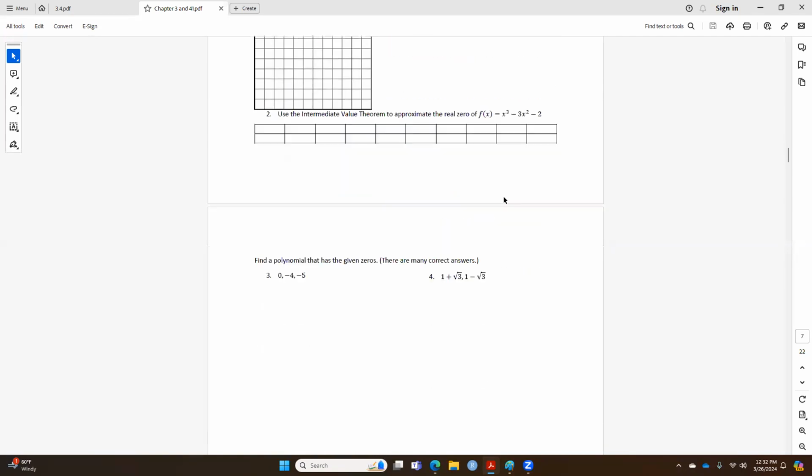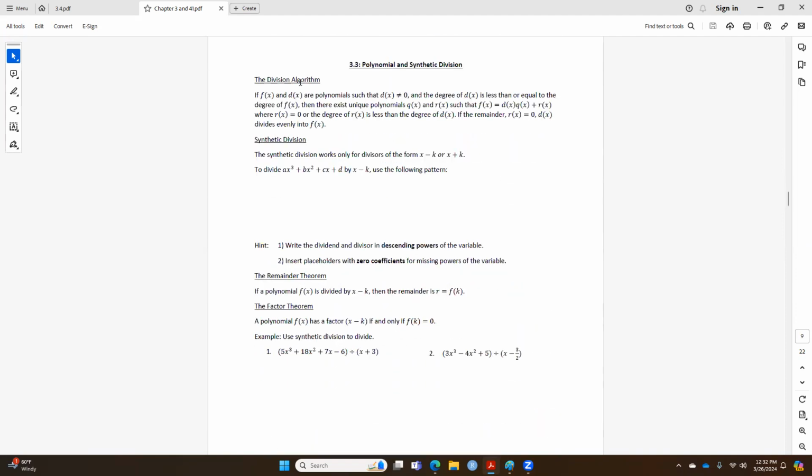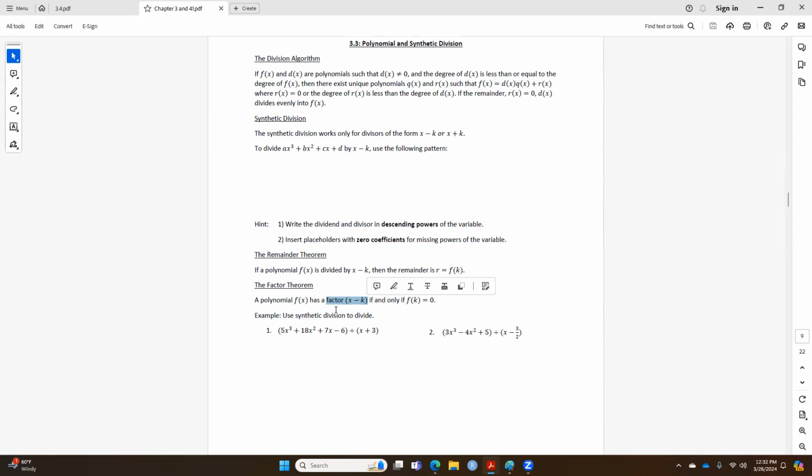In 3.3, what you did last week, we talked about synthetic division. This is very important for us. Synthetic division is where you divide with a divisor of x minus k. This x minus k or x plus k is what we call the factor form.